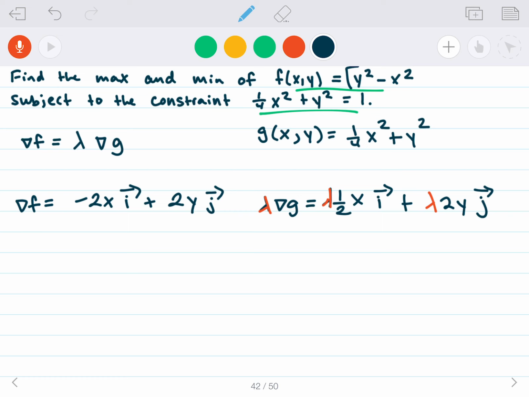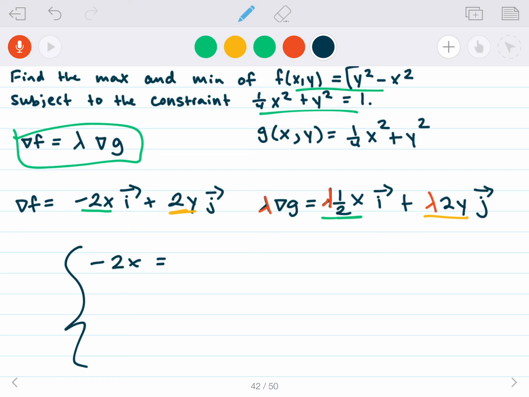Again, following this equation right here, our components are going to be equal. So the i components are equal to the i's. These guys are equal. So we have a system of equations. The first one is negative 2x equals lambda times 1/2 x. That's coming from the i spot.